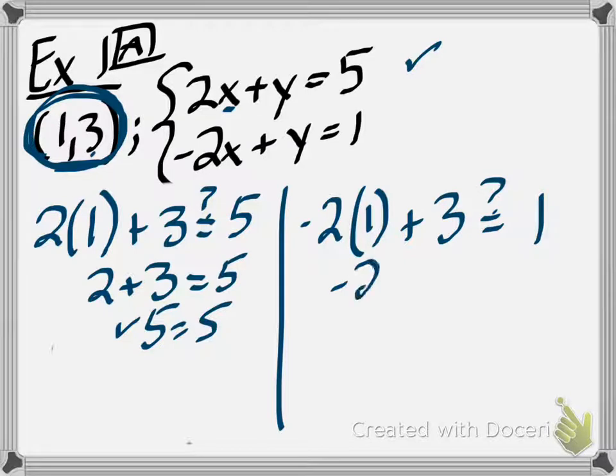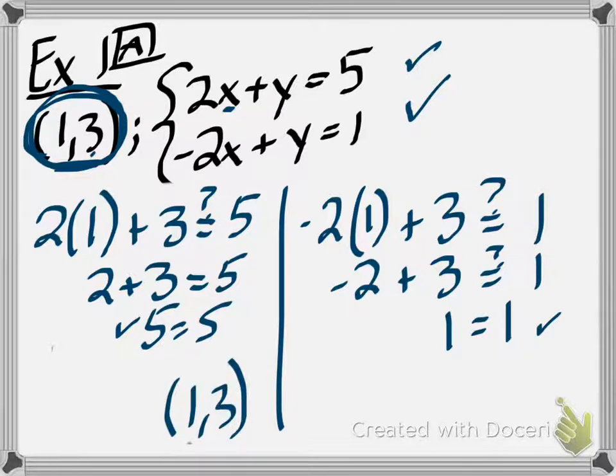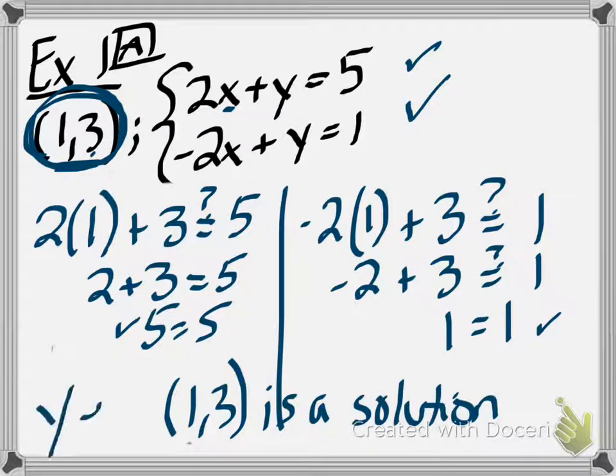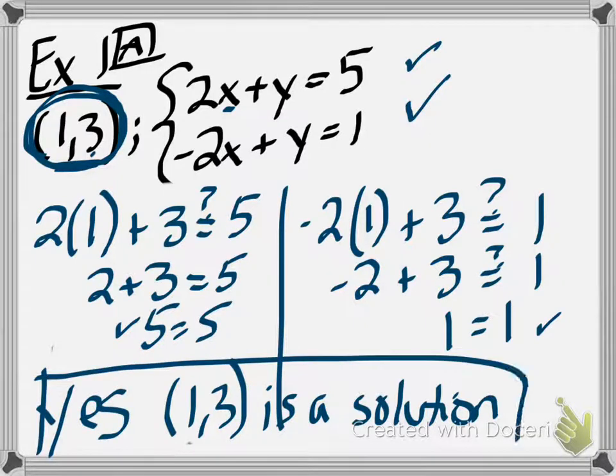Negative 2 times 1 is a negative 2, plus 3, does it equal 1? And negative 2 plus 3 does equal 1. Both equations are true with 1, 3. That means 1, 3 is a solution. And your book says yes. Yes, 1, 3 is a solution for this system.